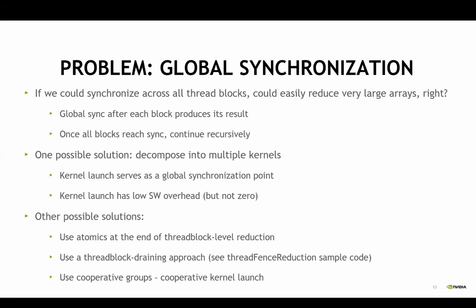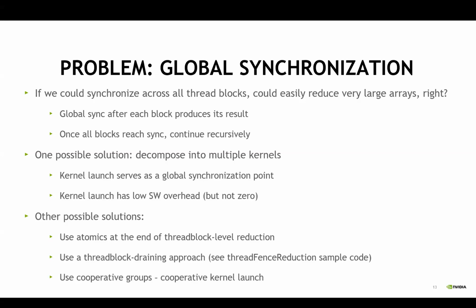One of those is to use a thread block draining approach. What this means is, once again, we're going to use atomics, and we're going to acknowledge that at the end of the kernel, we know that the thread blocks are retiring one by one. They're completing their work and finishing. We can actually keep track of that activity using atomics, and using atomics, we can identify which thread block is the last to complete.